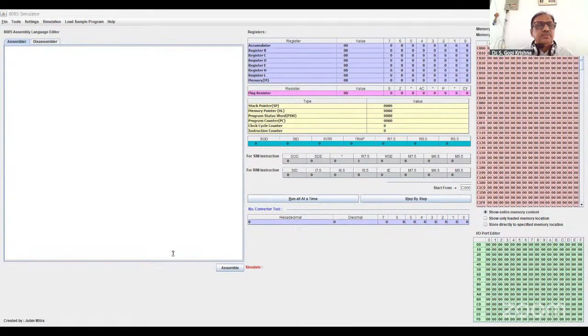So these are some of the instructions. Let us write one program for the move data instructions.